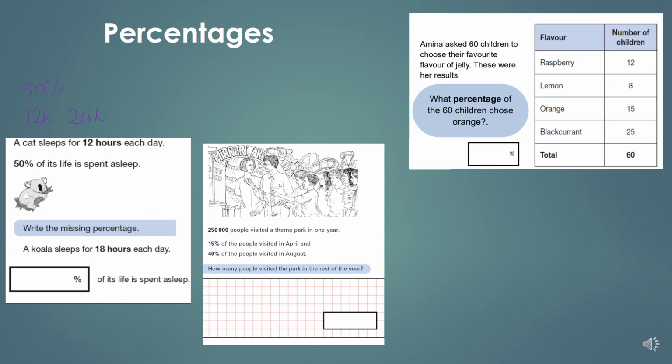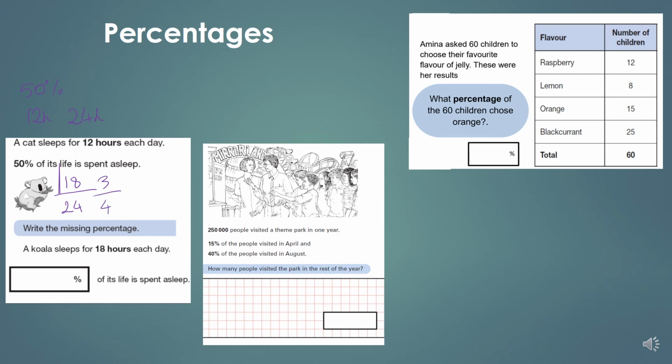Write the missing percentage. A koala sleeps for 18 hours each day, and what percentage of its life is spent asleep? So if we turn our 18 hours into a fraction, 18 over 24, and we simplify that fraction, so what times table number goes into 18 and 24? And it's 6. 3 6s in 18, 4 6s in 24.